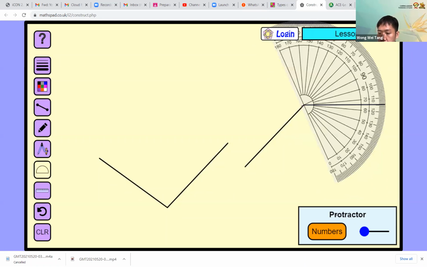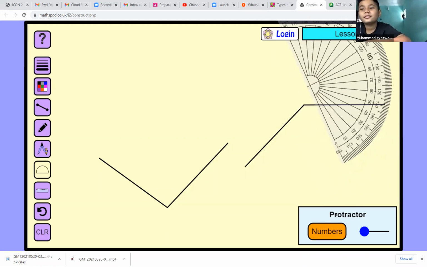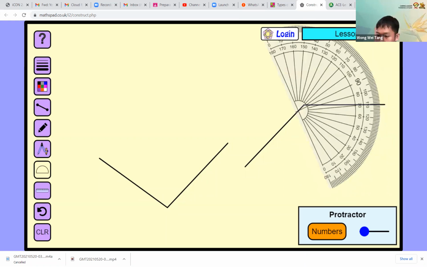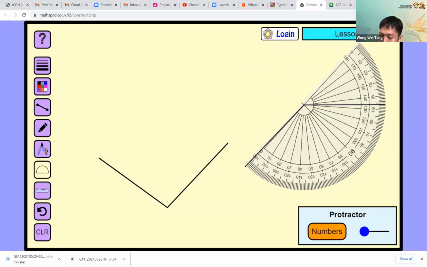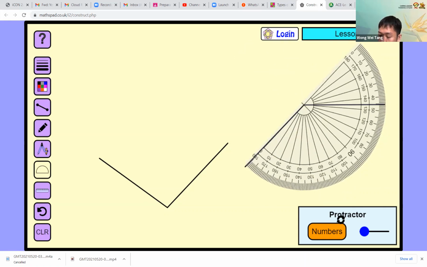Hang on. Try to turn it. Not very easy to turn. I know the answer. Okay, how about now? Yes. Is it placed correctly? Shazwan? Yes. Okay. So what is the angle that you can see?